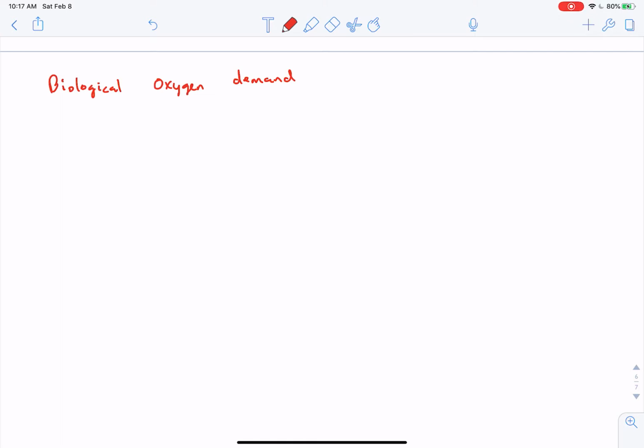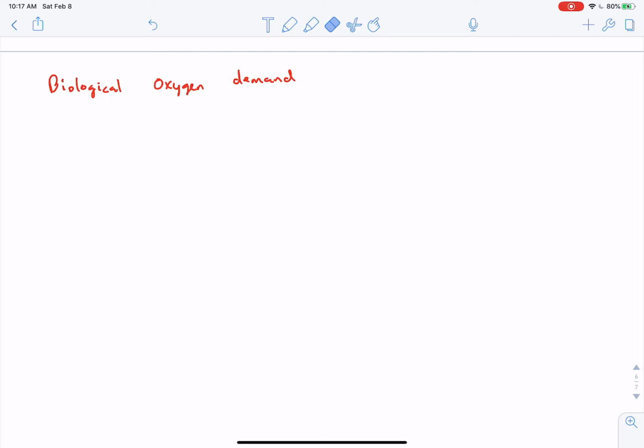And so biological oxygen demand is a redox reaction that they use to measure how much organic waste is in the water. So they're trying to tie it in, saying, well, it is technically a redox reaction the way we test it, so we're going to put it into topic 9.